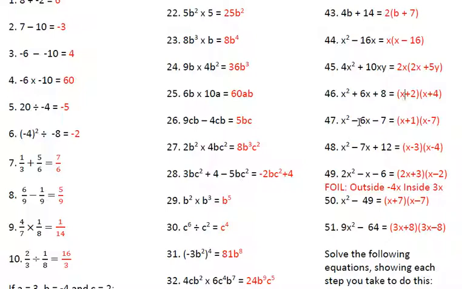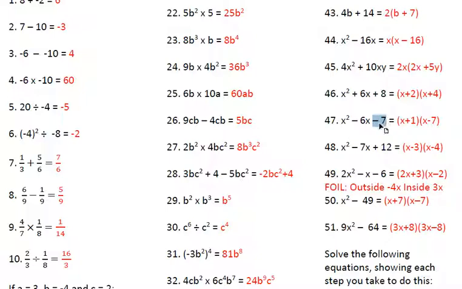Alright, next one over here. We're looking for 2 numbers that will add together to give us minus 6 and will multiply to give us minus 7. Well, the easiest one would be minus 7, because you can only have 1 times 7, and one of them has to be negative because you've got a negative answer, negative 7. So you're going to have plus 1 minus 7 or plus 7 minus 1.